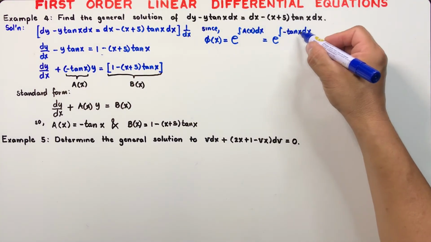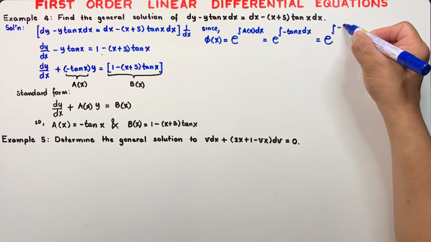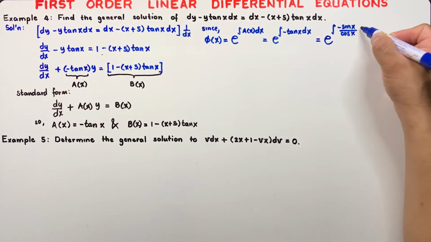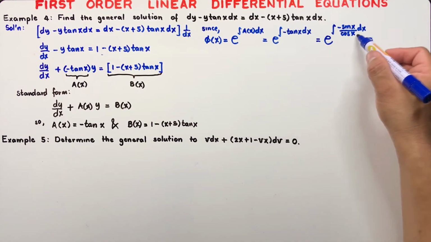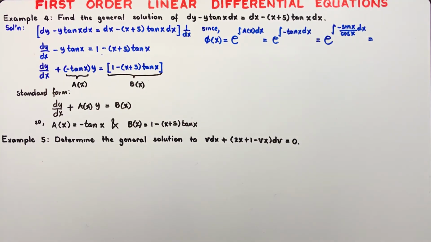And this negative tangent x can be expressed as the negative sine x over cosine x dx. And we know that if you let the cosine x as your u, the derivative is negative sine x there. So if you let u be cosine x, we realize that our du is negative sine x dx.